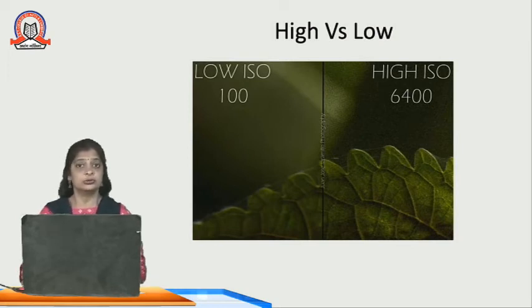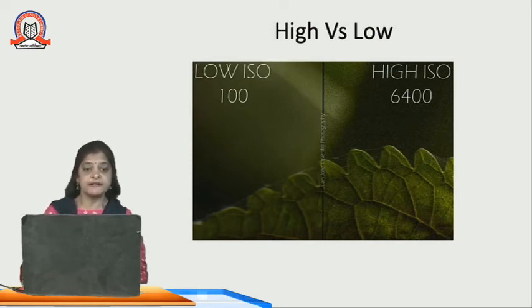We cannot immediately find the difference between high ISO and low ISO, because camera companies are giving better and better innovations to camera users. Just see the exact difference between the low ISO and the high ISO.